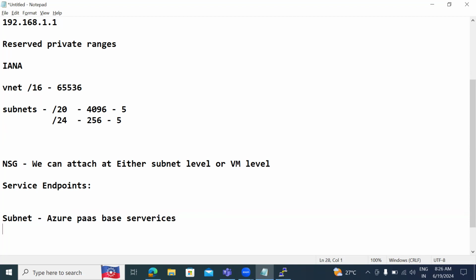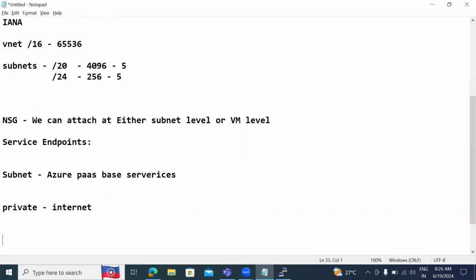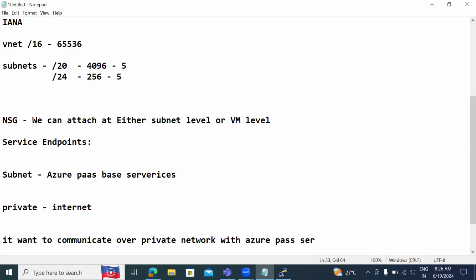The subnet is private, that means you don't have internet. If you want to communicate over a private network with Azure PaaS-based services.